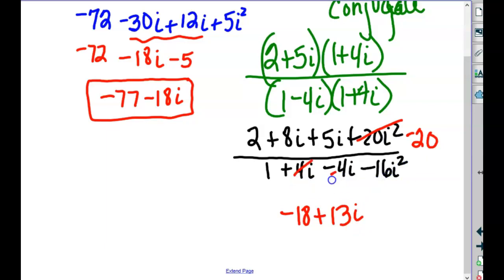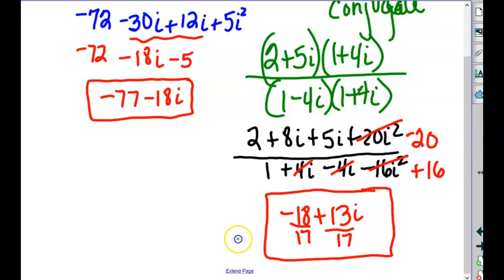These two cancel each other out. Minus 16i squared will be replaced with a plus 16. So we have a 1 plus 16, which would be 17. Might be written like that because it's supposed to be written in a plus bi form, right? Questions?